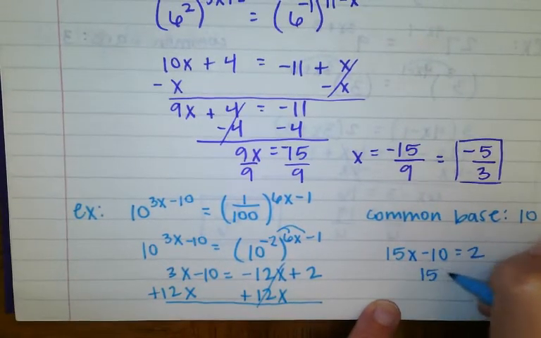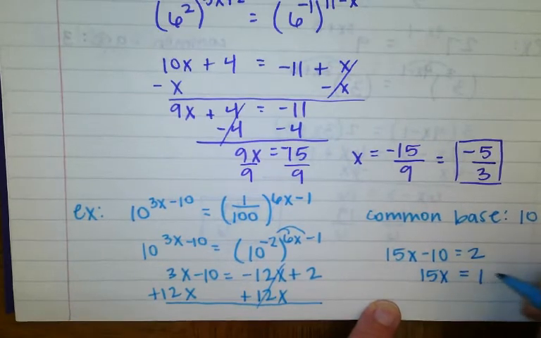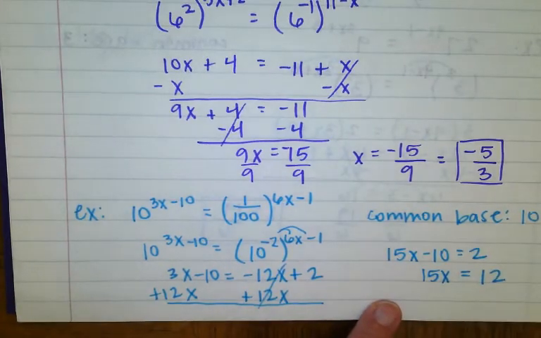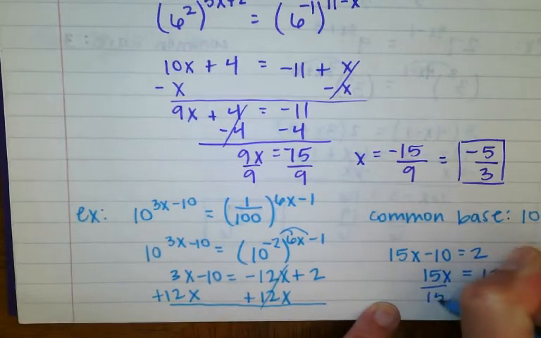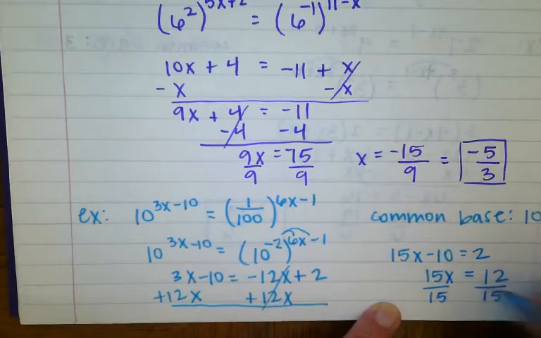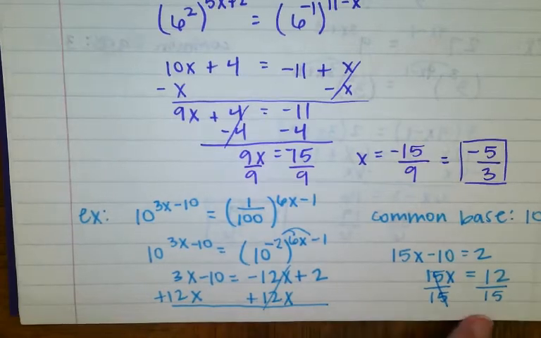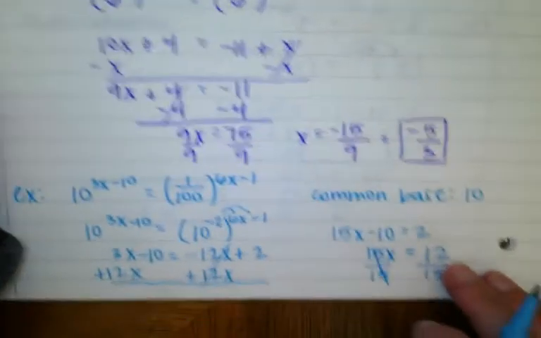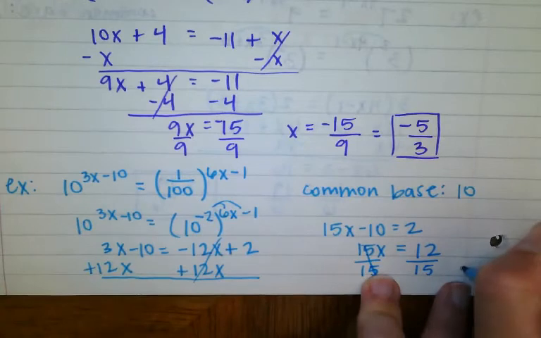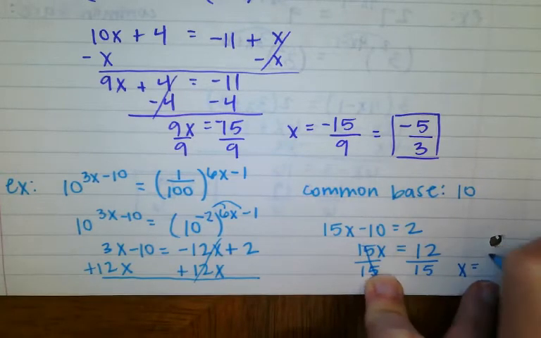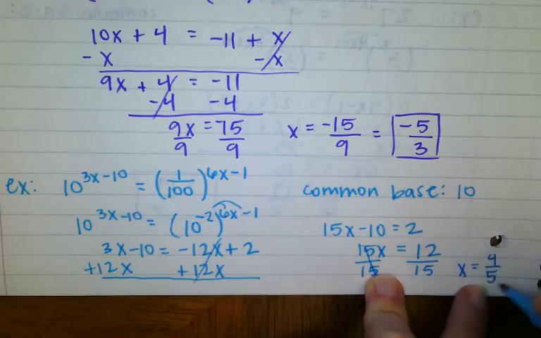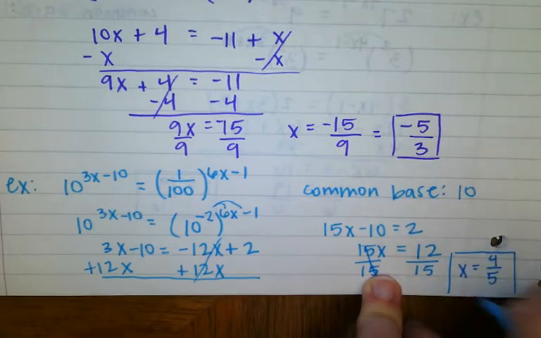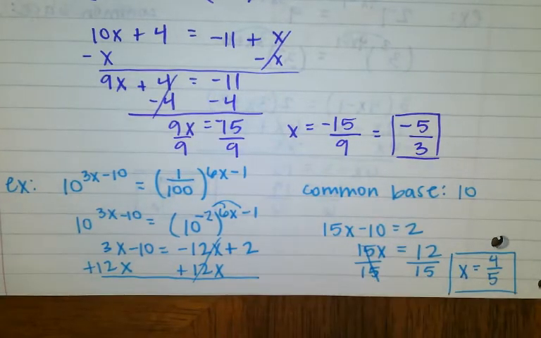Add the 10. 15x equals 12. Divide by 15. And then I'm going to reduce that for my final answer. So 12 and 15, let's divide them both by 3 to get 4/5. Awesome.